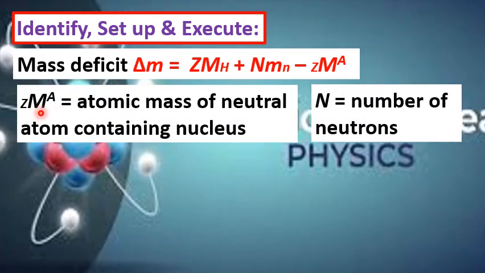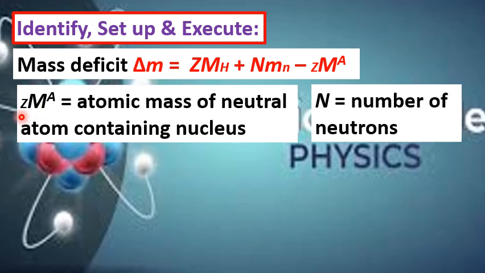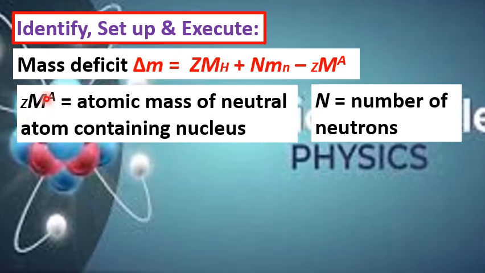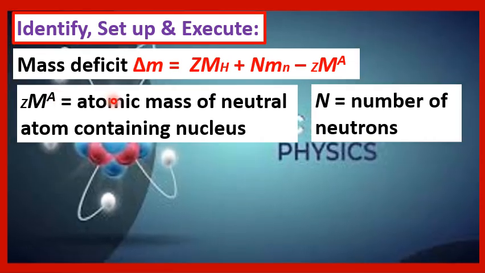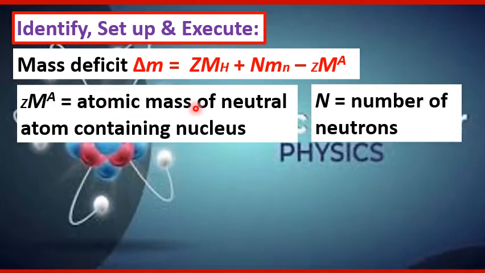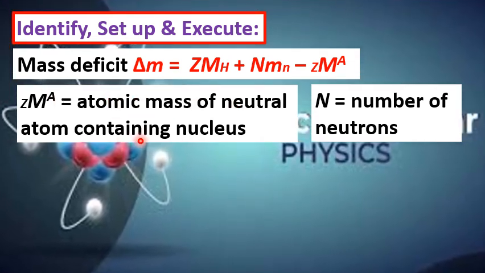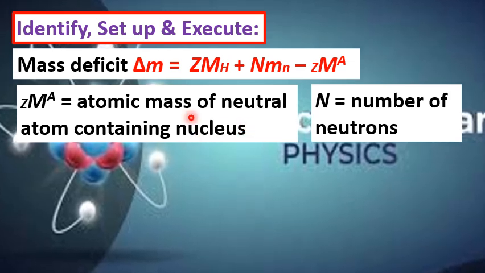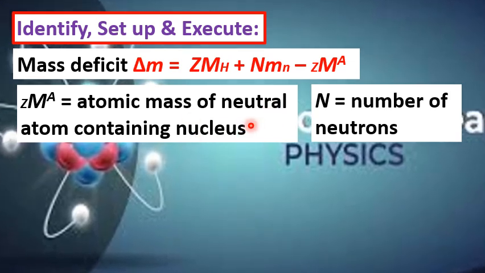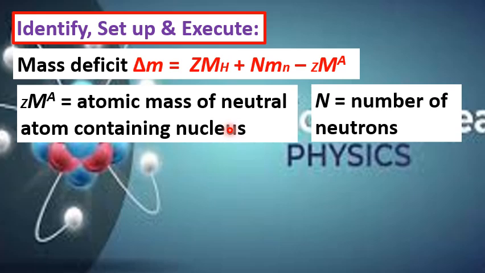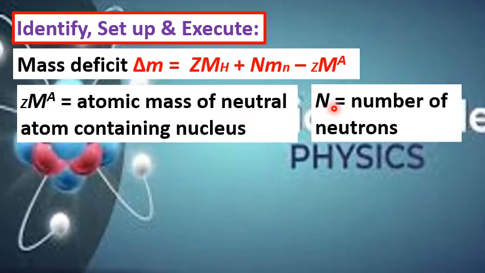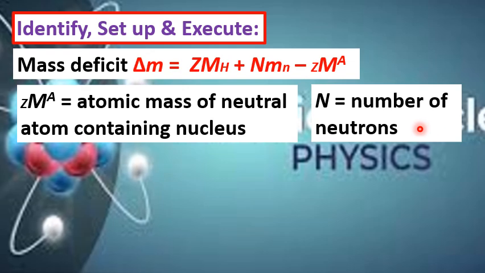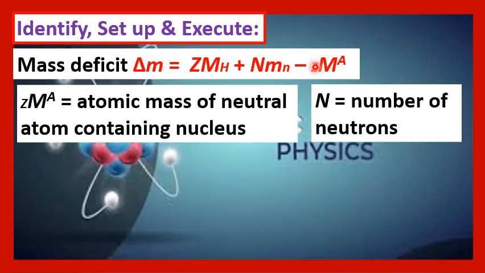The symbol capital M with its atomic number capital Z and mass number capital A represents the atomic mass of the neutral atom containing the nucleus, which in our problem is the atomic mass of lead-206. Also, capital N pertains to the number of neutrons.